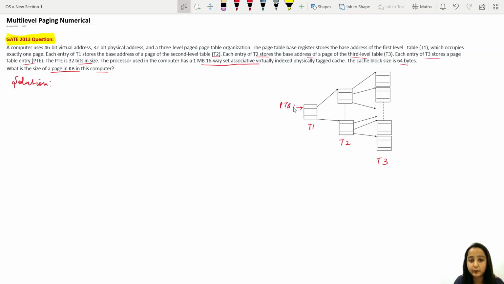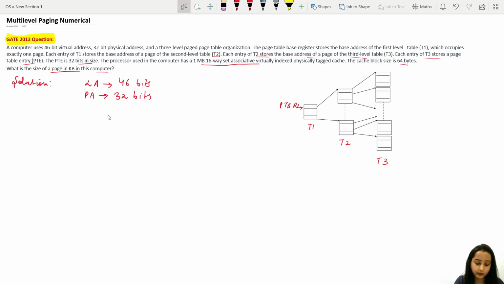The PTBR stores the base value in the register that is pointing to T1, then T2, then T3. So 3-level paging is followed here. Let's write the logical address given. The logical address is the virtual address, which is 46 bits. The physical address is 32 bits.